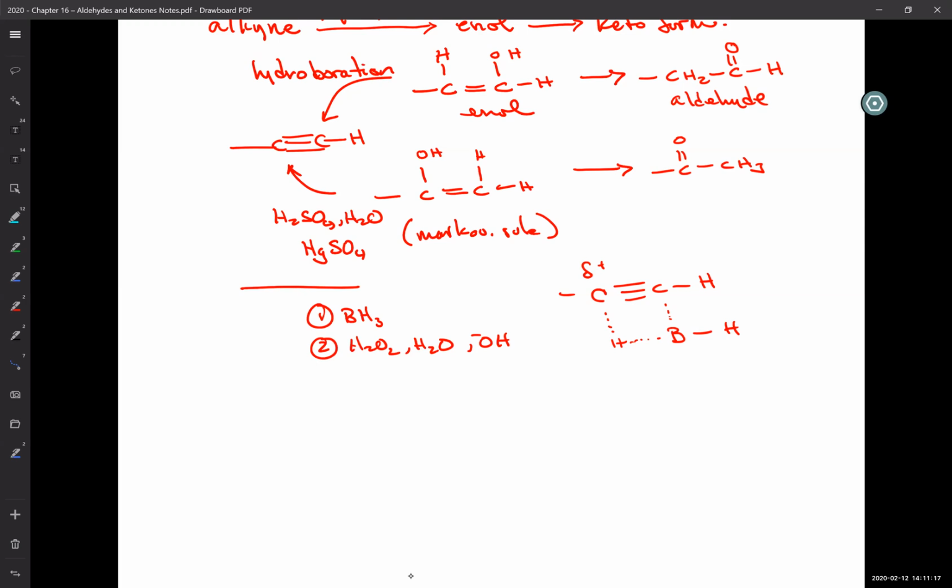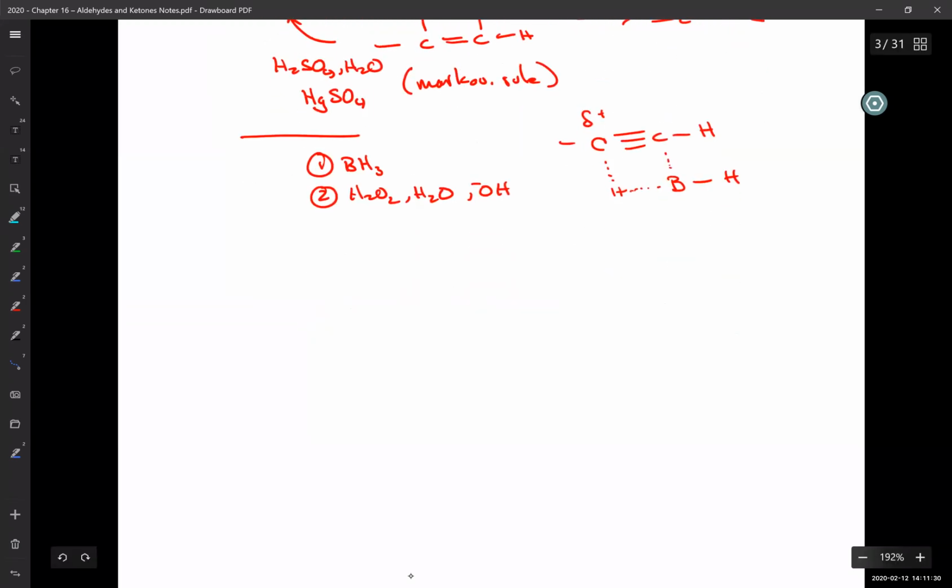They can't do anything about the sterics of the molecule, so they change the sterics of the reagent, and that's why they use these disiamyl boranes, these BHR2s. This introduces steric interference on the reagent, so it would rather be on the terminal carbon than on the internal carbon. It's just easier for it to get to.